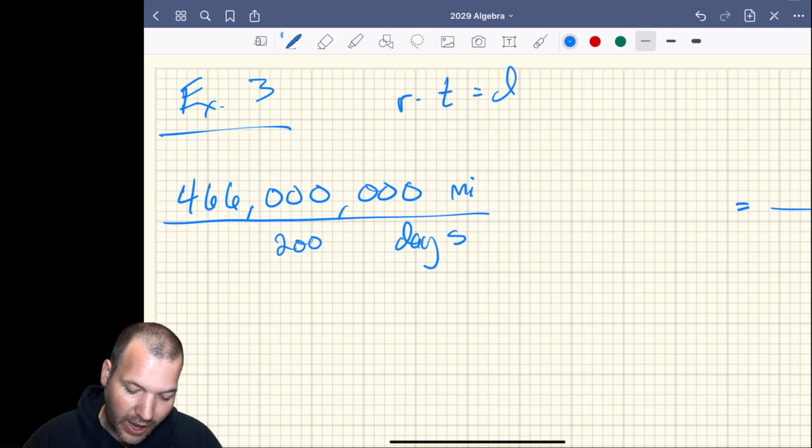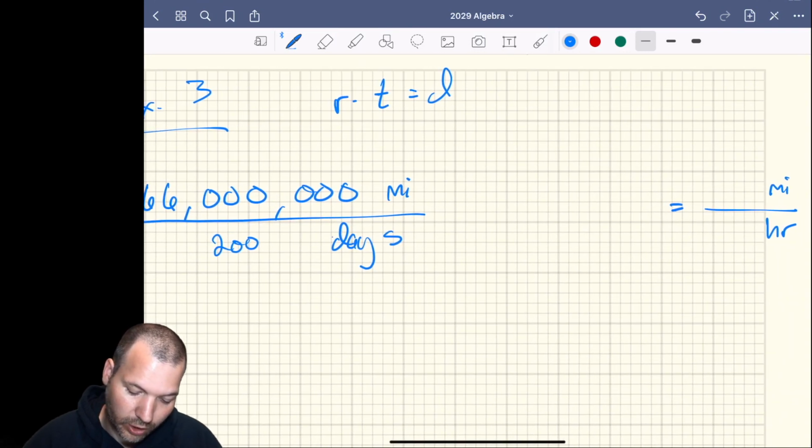So the only thing we should have to do is use a unit converter to turn days into hours, because miles and miles are already the same, right?